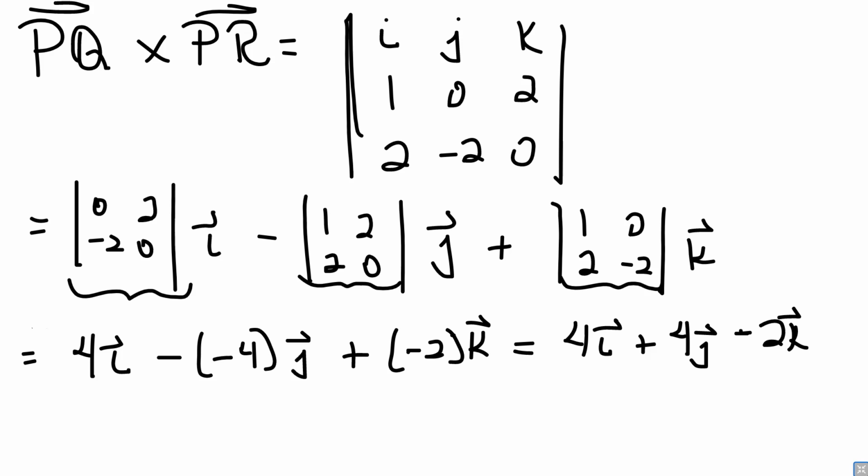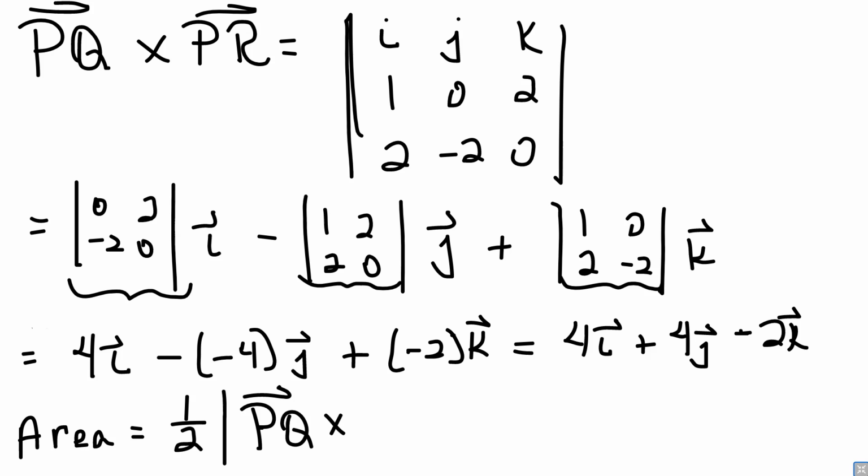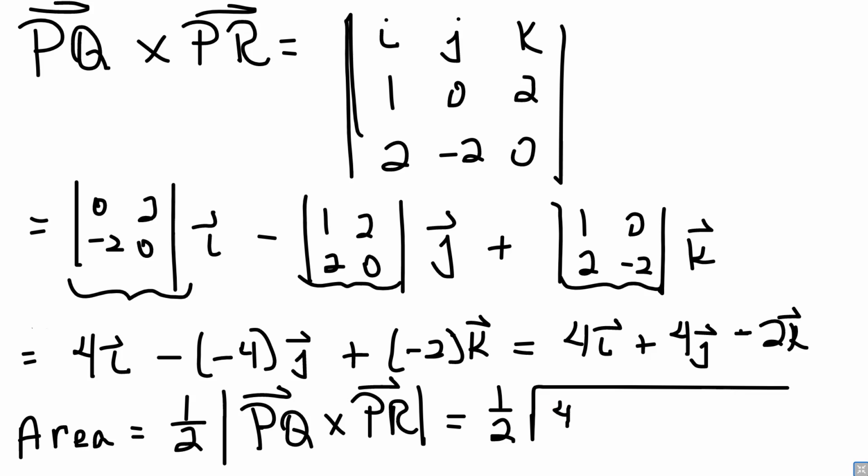So the last thing we need is we're going to find the area. And that's going to be 1/2 the magnitude of the cross product. Okay, so it's going to be 1/2 times the square root of 4 squared plus 4 squared plus -2 squared.